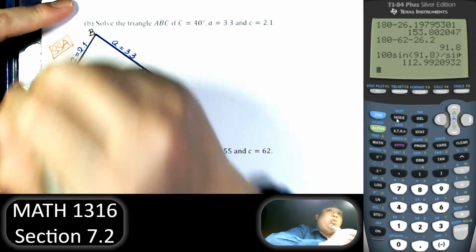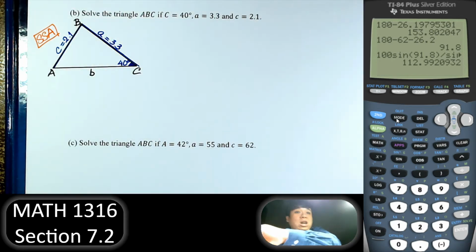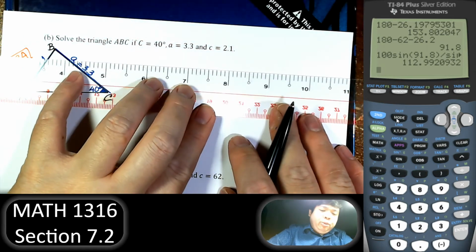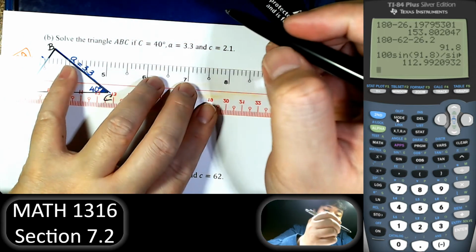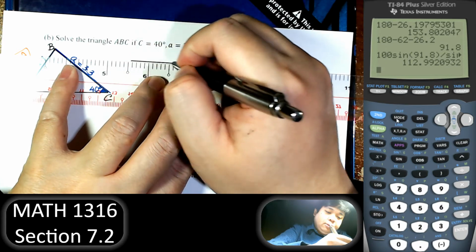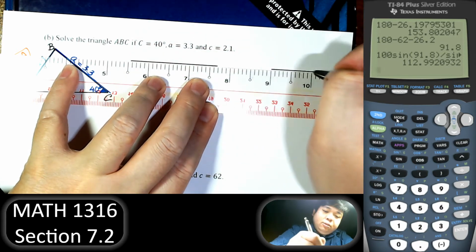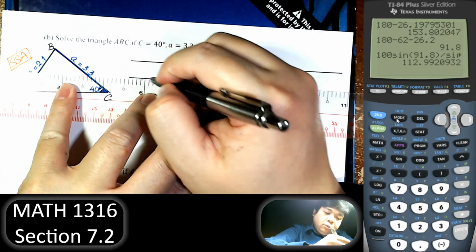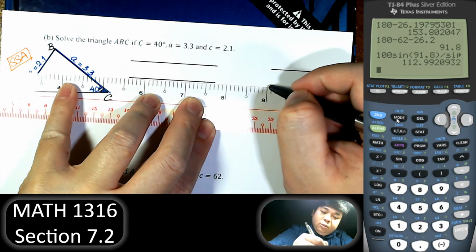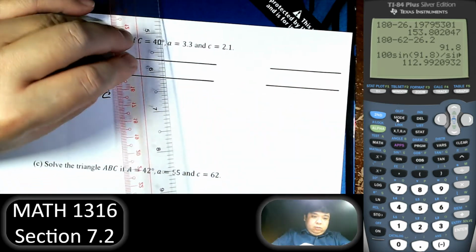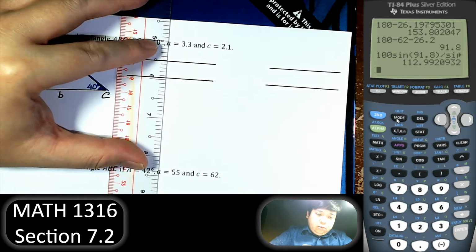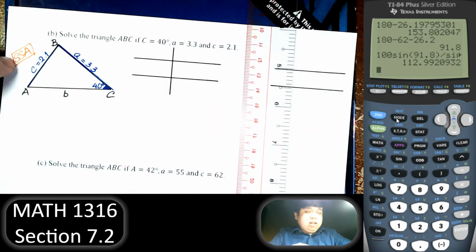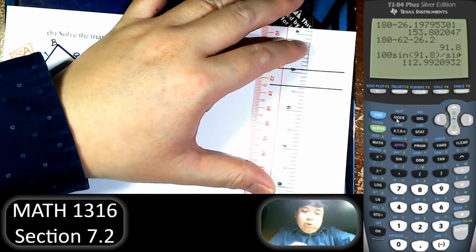If this is the case, we may have two solutions, or we might have one solution. So in this case, just draw two tables because we might have two solutions. Every time we have side-side-angle, we might have two solutions.